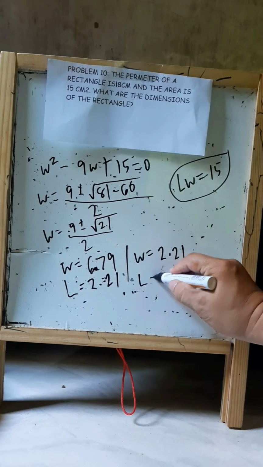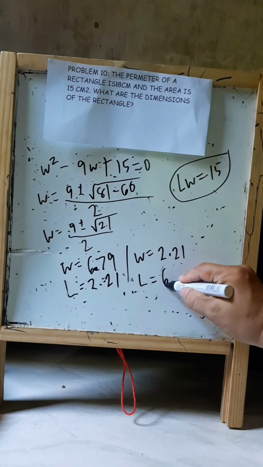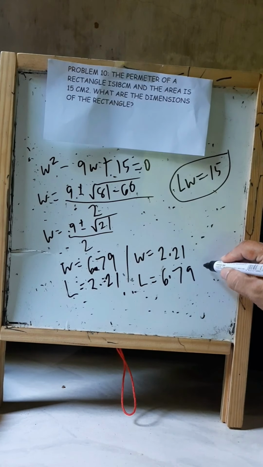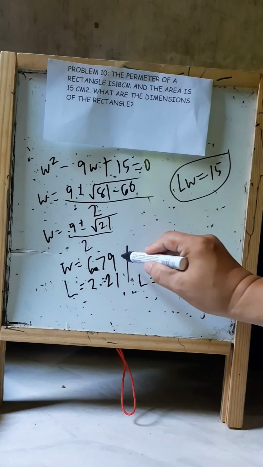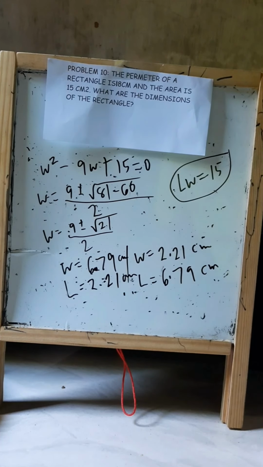If the width is 2.21, what about the length of the rectangle? Ganun din, 15 divided by 2.21 is 6.79 centimeters. So these are the dimensions of the given rectangle.